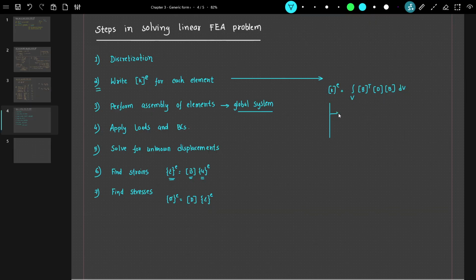And we have seen the first thing we do is determine the shape functions. That means we assume the trial function, that is N. N is basically a function of coordinates, x, y, z for 3D.